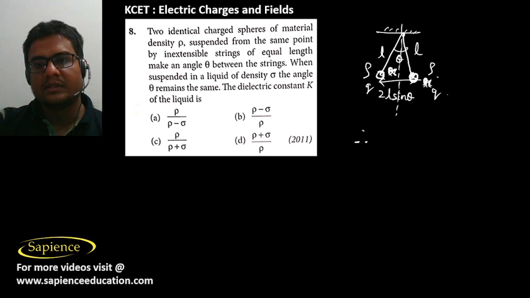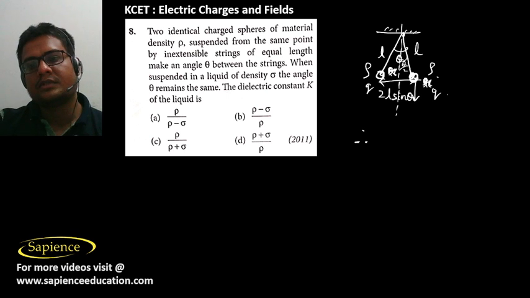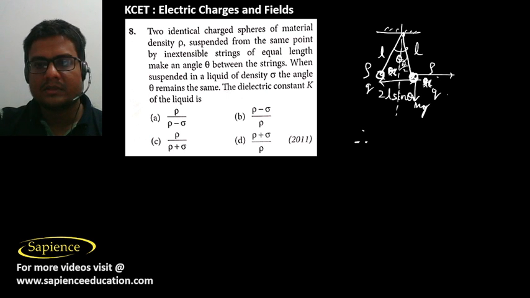Therefore, we can say that the angle is theta by 2, and this is mg. And this is the force. I can say this is mg sine theta by 2. This is angle theta by 2.